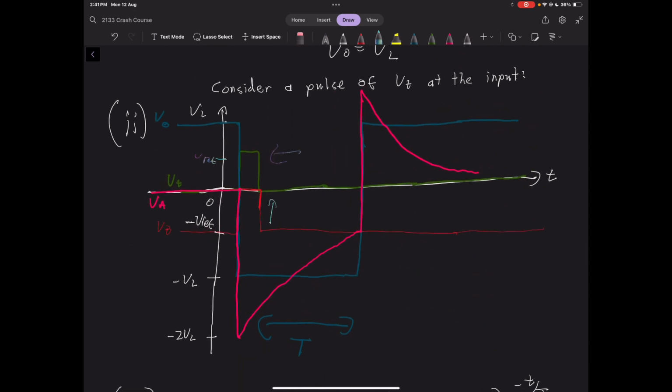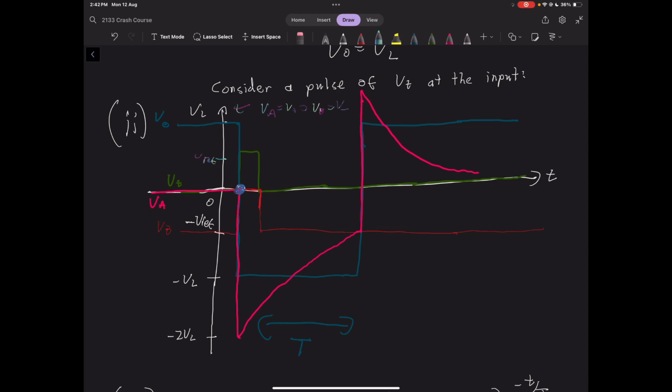So for the VB waveform, we'll just assume for the sake of simplicity that it follows the triggering voltage. So VB is just going to spike when VT spikes. And as VB spikes, you can see VA in red here. Previously, VA, which is V plus, is less than VB, which is V minus.